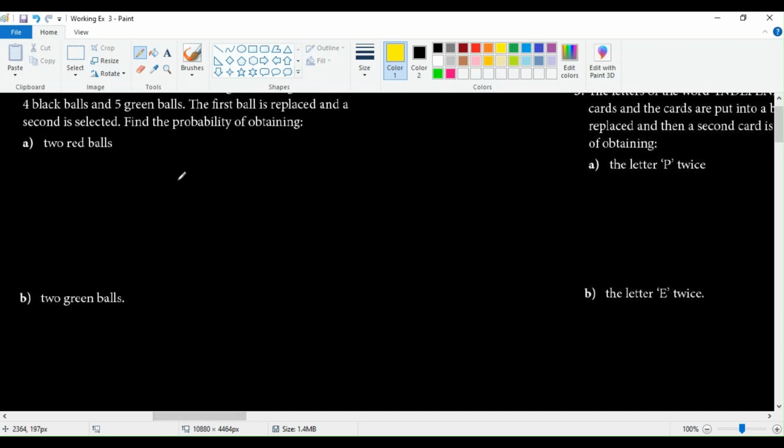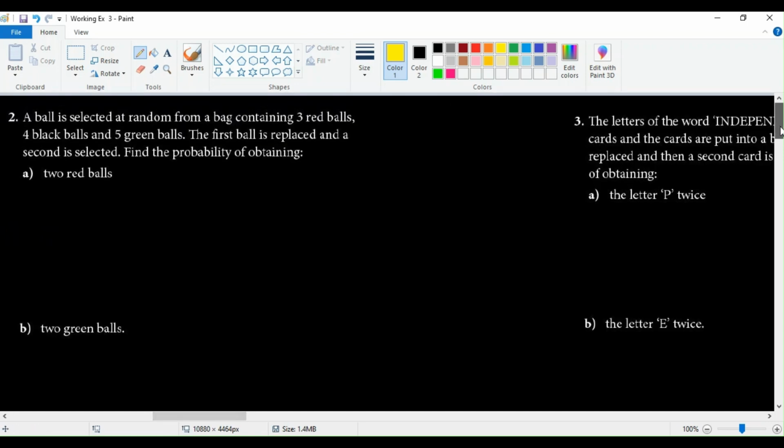It says a ball is selected at random from a bag containing 3 red balls, 4 black balls, and 5 green balls. The first ball is replaced, and a second is selected. Find the probability of obtaining 2 red balls. Total balls is equal to 3 plus 4 plus 5, so altogether there are 12 balls.